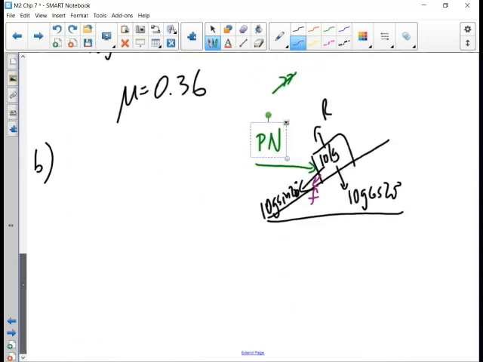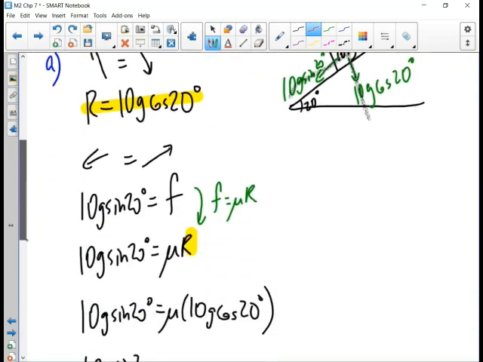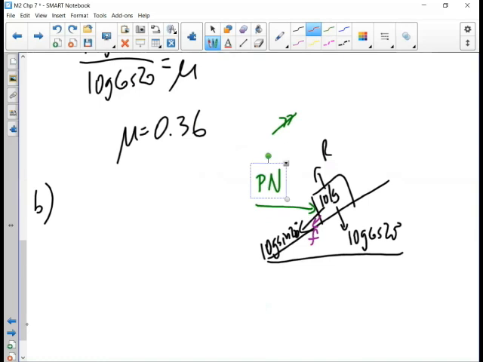So that's the diagram. Another question could be, if the question says find the minimum. I'll use a different color. Find the minimum possible value. That means you can think about P being a very small number. Imagine you're pushing a box, but using just a tiny finger to poke it up.